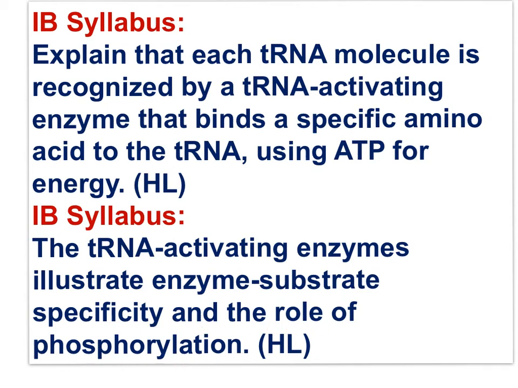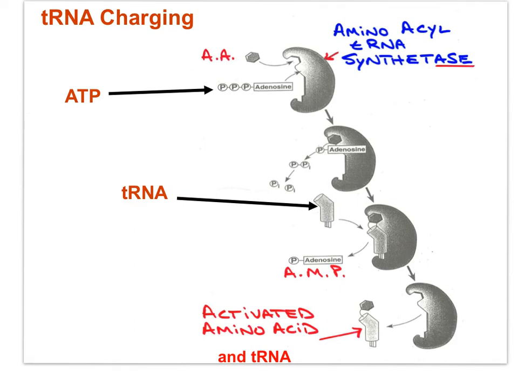The tRNA activating enzymes illustrate enzyme substrate specificity and the role of phosphorylation. Stay tuned. In tRNA charging, an enzyme that binds ATP has specificity for one amino acid and the appropriate tRNA molecule, which will arrive here. The ATP is hydrolyzed to phosphorylate the amino acid.